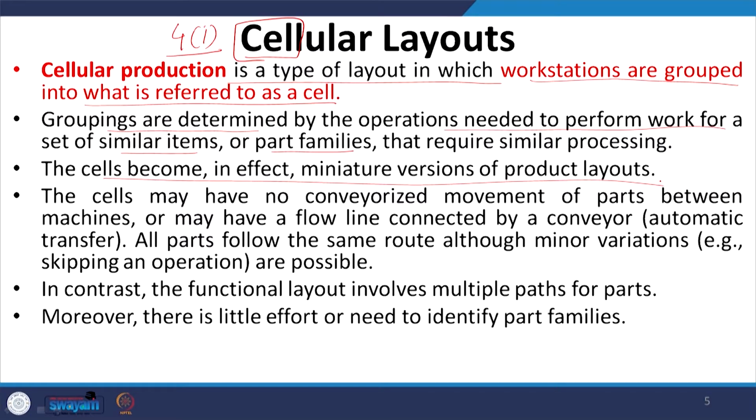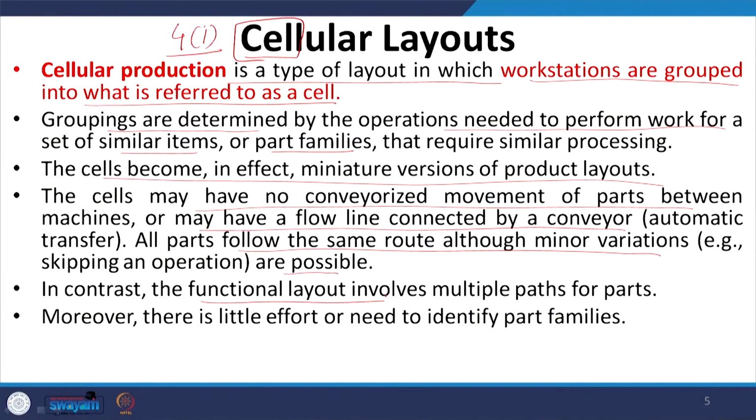So, within cells you have a product layout, and then the cells may have no conveyorized movement of parts between machines, or may have a flow line connected by a conveyor. All parts follow the same route, although minor variations are possible. So, within a cell some parts may have some minor variations, but normally within a part family all parts require similar kind of operations.